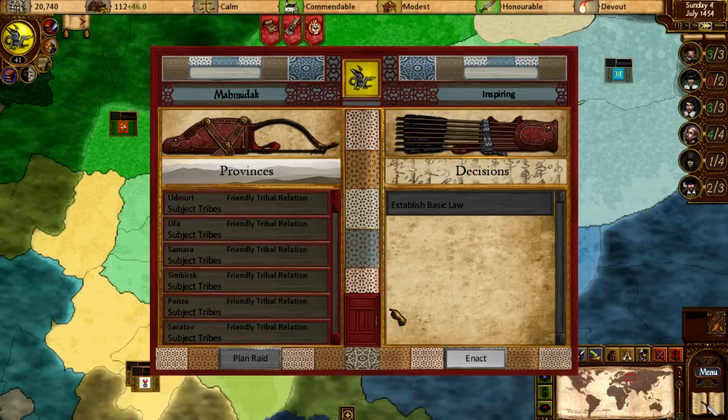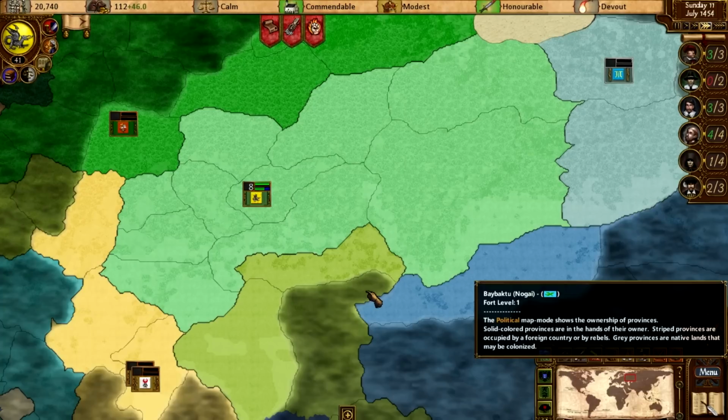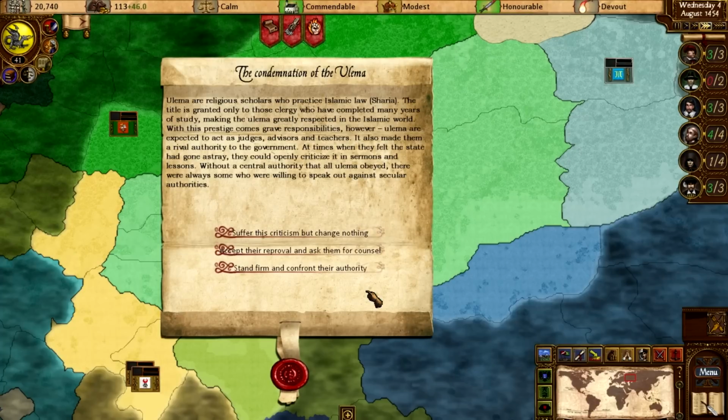What the raid does is trigger an event pool, and the raid can be successful or not, and based on the success or failure of the raid there are some positive and negative modifiers associated with it. Now, unfortunately this is not working because of some kind of bug, but I still think it's worth mentioning because it's an important part of the tribal systems.